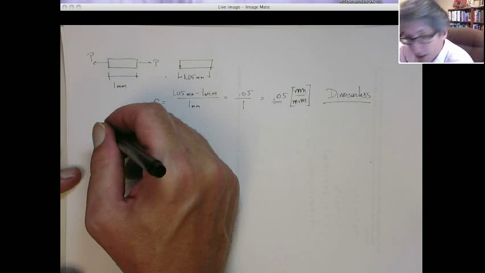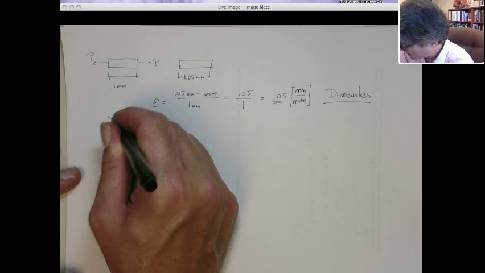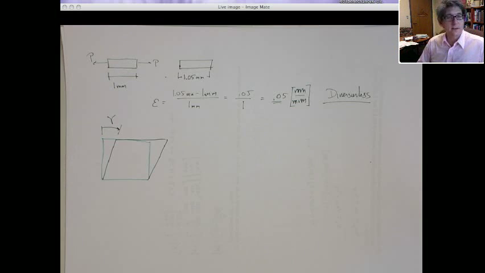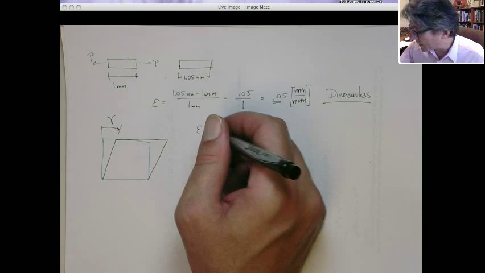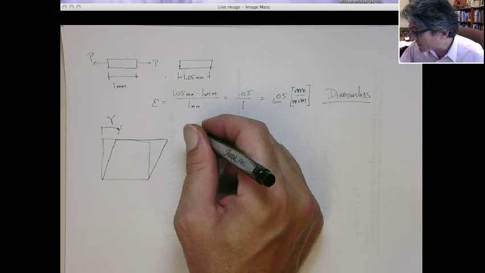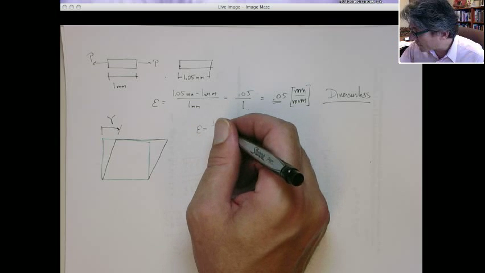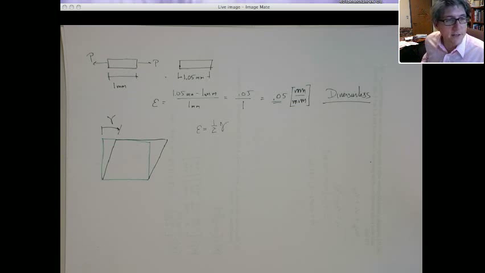So this angle here is the engineering shear strain. This is in contrast to another thing called the shear strain, which is the real tensorial quantity, and that turns out to be 1/2 gamma. But we won't use that often in this class. Mostly we'll be using gamma, which is the angle change.